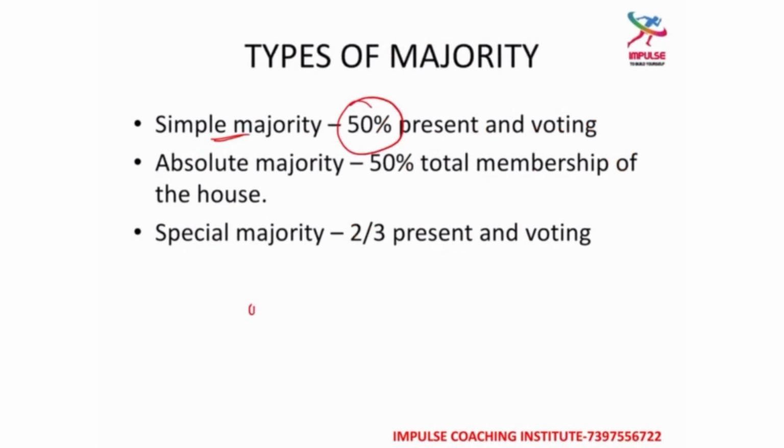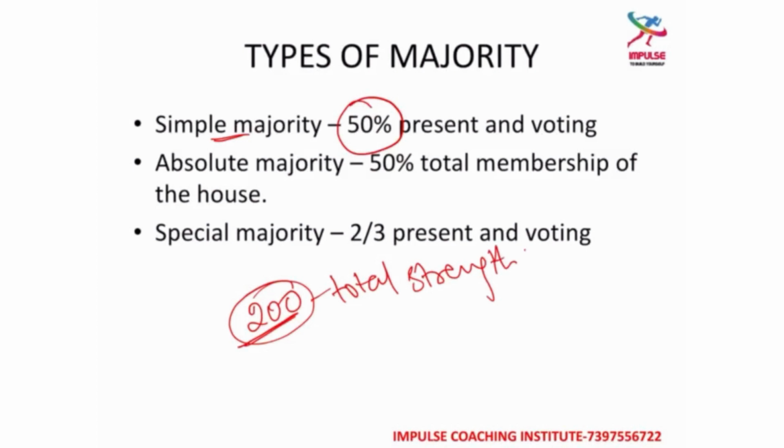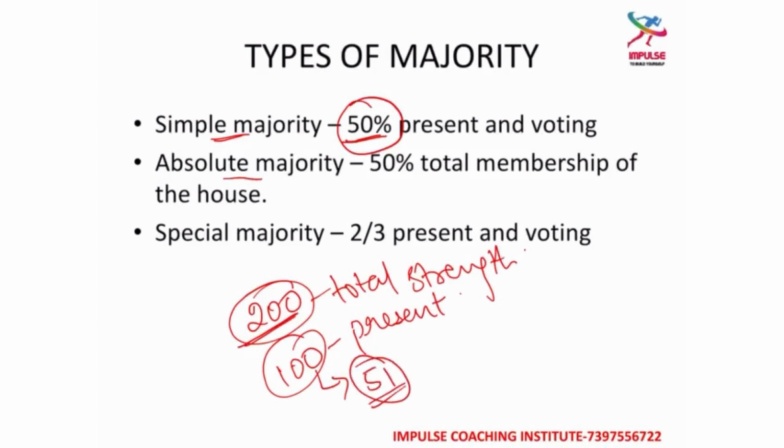Just imagine there are 200 people in the house. That's the total strength. Only 100 people are present. So a simple majority means more than 50% of those present, so 51 people have to say yes. In that case, the bill will be passed by simple majority.